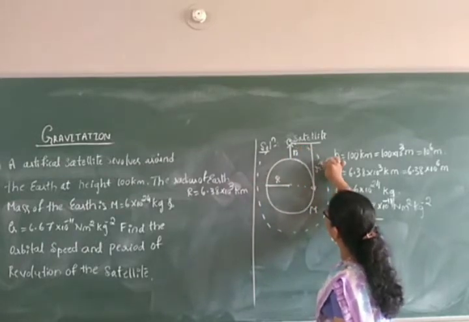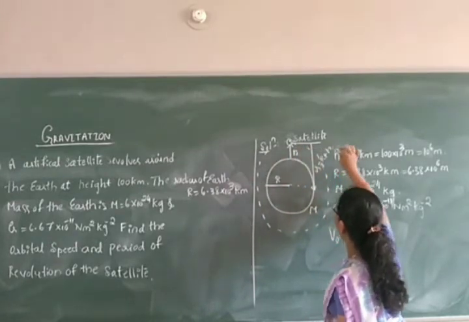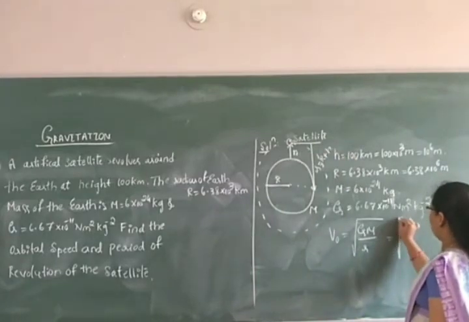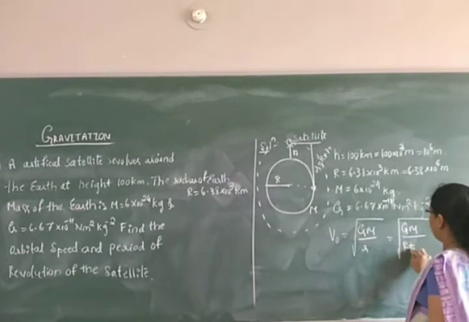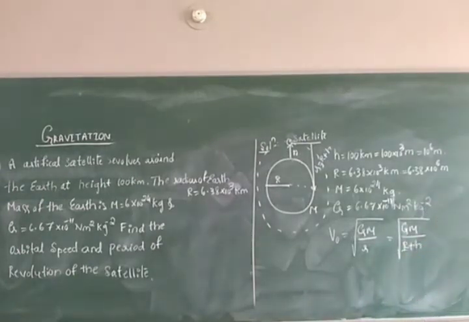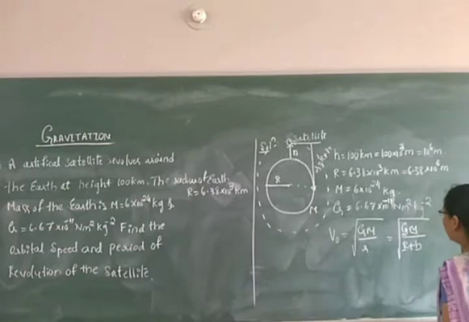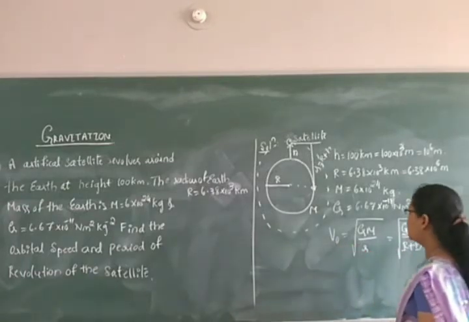So small r is equal to R plus h, and we place the formula: root of GM divided by R plus h. We know R, we know h, we know the mass of the earth and the gravitational constant. So just put in the values and find the orbital speed.